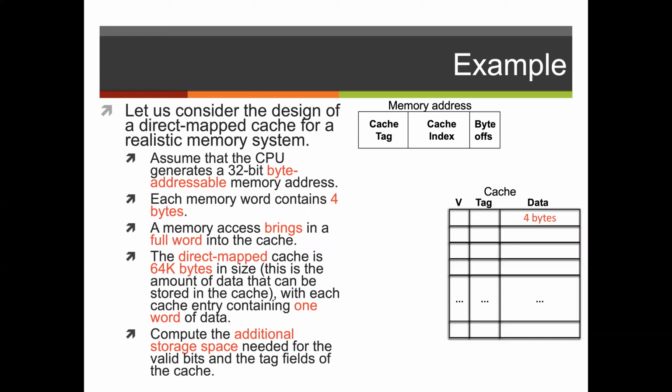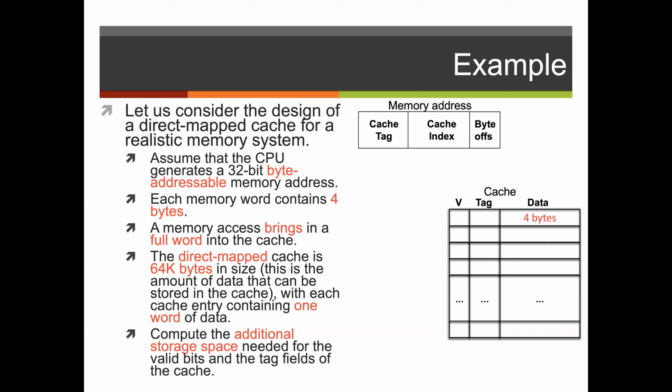And so let's consider the design of a direct map cache for a memory system. You want to keep in mind that we want to assume the CPU will generate a 32-bit byte addressable memory address, and each memory word contains 4 bytes.